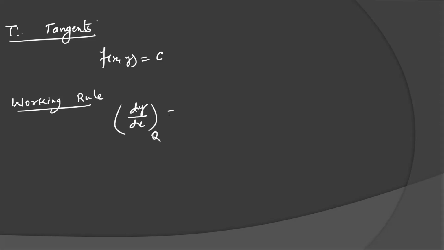Suppose we are asking at a point Q, then that will be the slope of the tangent. If Q is the point (h, k), then the equation of the tangent will be y minus k equal to the slope of tangent times (x minus h). I think you know it very well. But for that, the point should be given. If a point is given in curve tracing and you want the tangent at that point, we find the differentiation at that point, and using this formula, we can find the tangent of the curve.